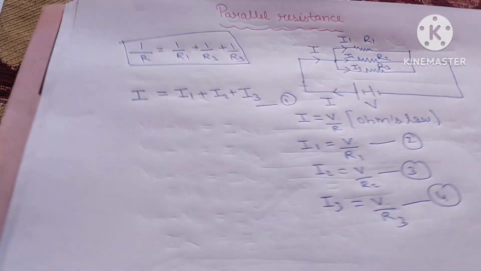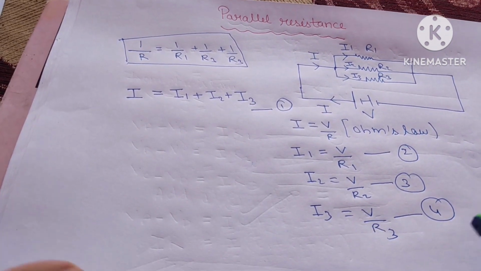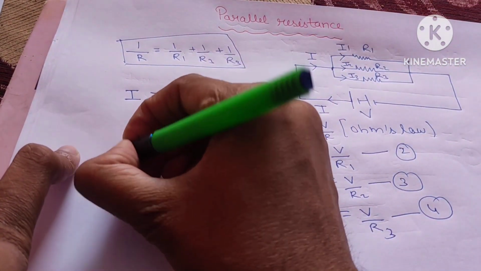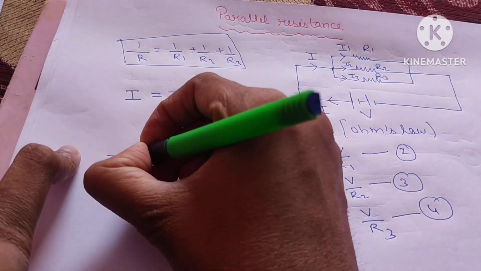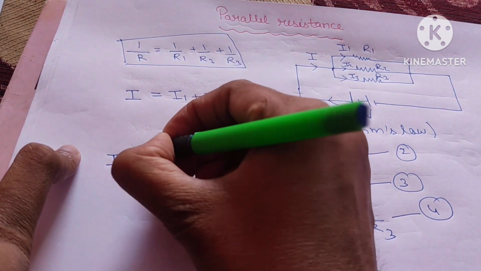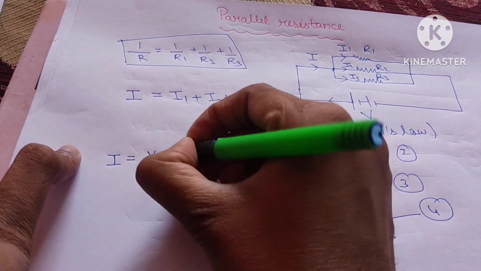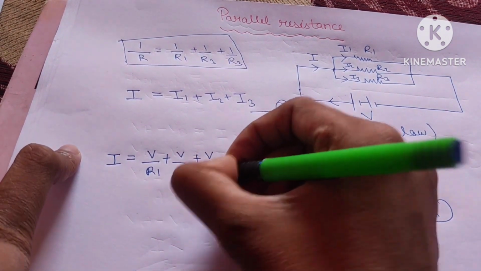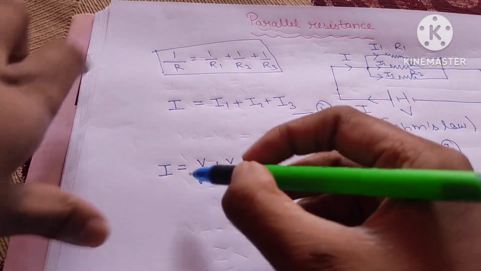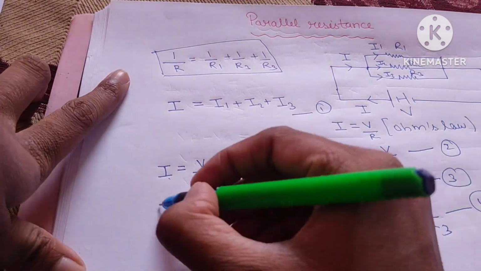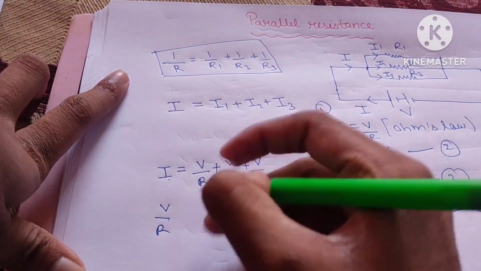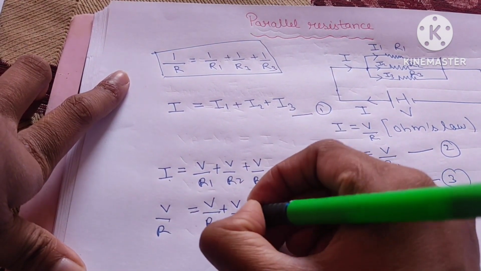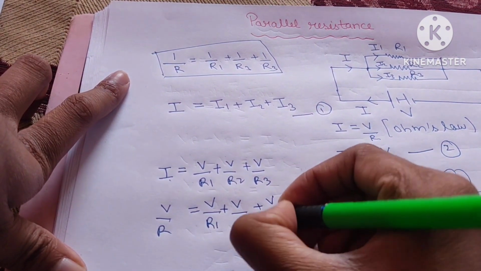So put equations 2, 3, 4 in equation 1. What we'll get is I equal to V by R1 plus V by R2 plus V by R3. Now what is I? I is equal to V by R, so write V by R. So V by R is equal to V by R1 plus V by R2 plus V by R3.